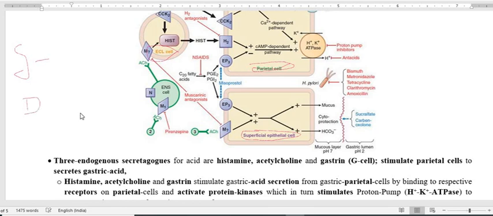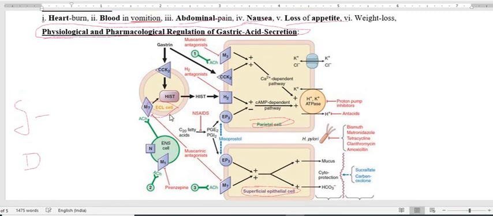These cells and also the enteric nervous system are participating in gastric acid secretion or gastric acid inhibition, and let us see how the gastric acid gets secreted.